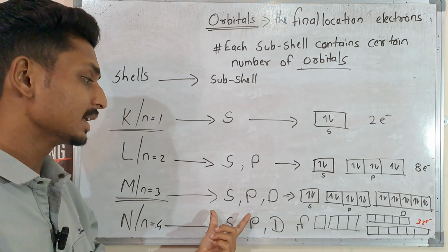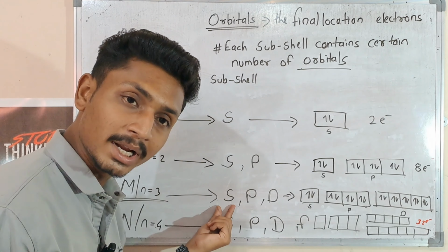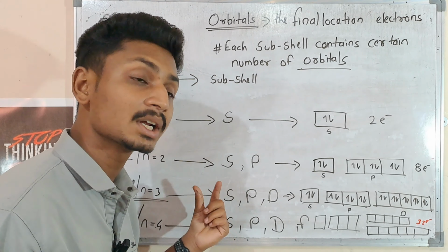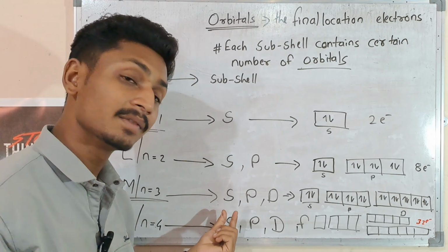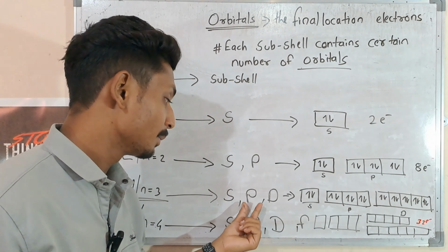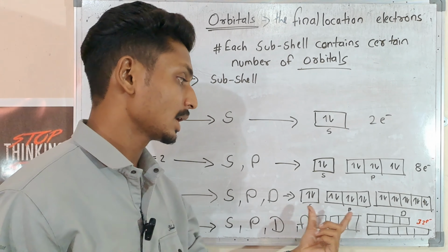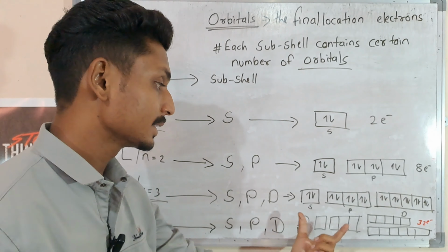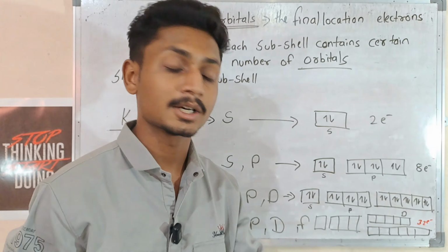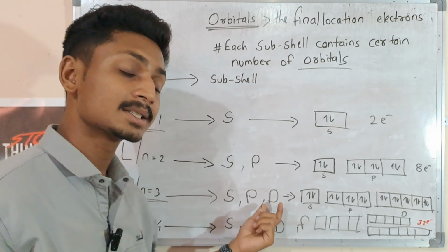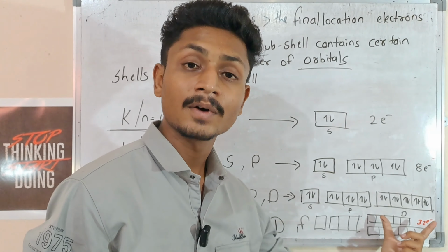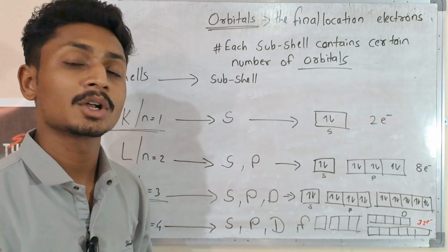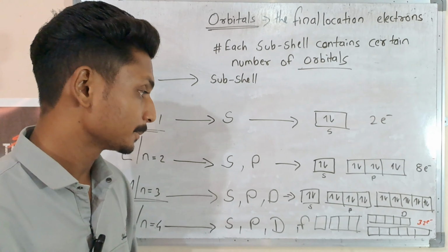Then M contains S, P, D, and S contains two electrons in its one orbital. The P subshell has three orbitals, 1, 2, 3, and the three orbitals contain six electrons, and the D subshell has five orbitals in which 10 electrons are contained.